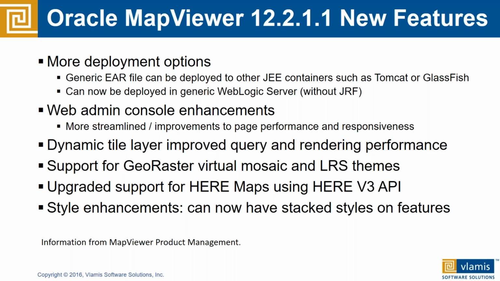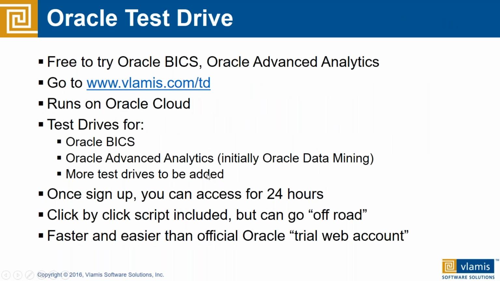There are web admin console enhancements that you can read just like me, but one of the things is improved performance with the tile layers, support for GeoRaster, Virtual Mosaic, and support for HERE, which is a mapping company. We have support now for HERE Maps using the V3 API, and there are some style enhancements as well. Again, this is information from the MapViewer product management.